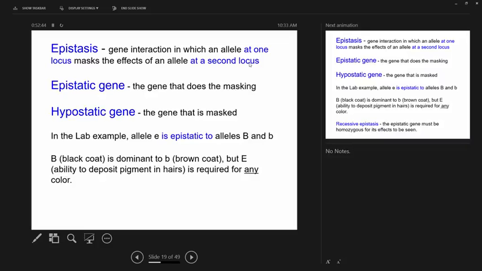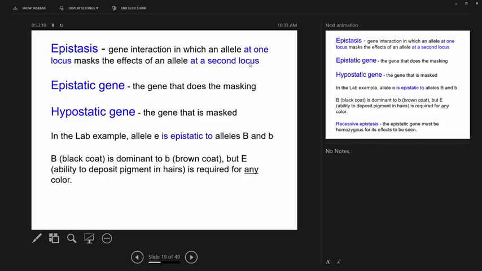You could say that, but I really, really don't want you to use the word dominance here. So one locus masks the effect at another locus. The masking one is the epistatic one.